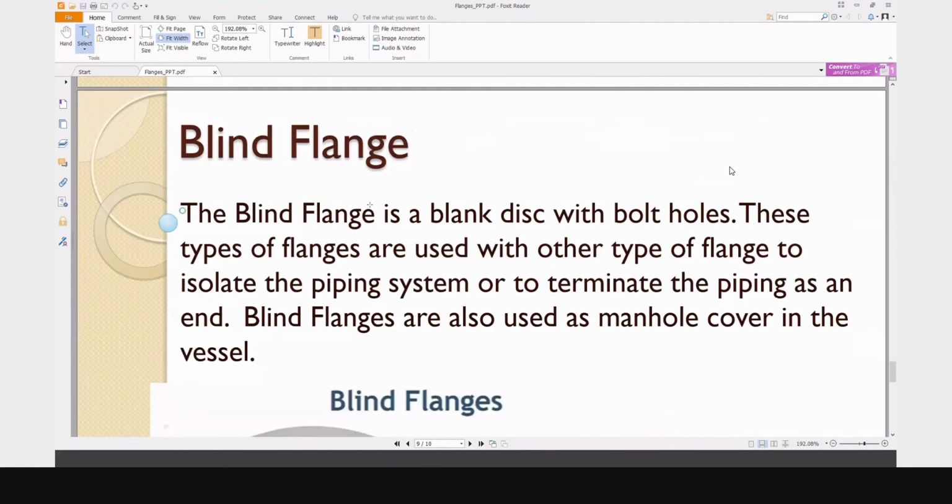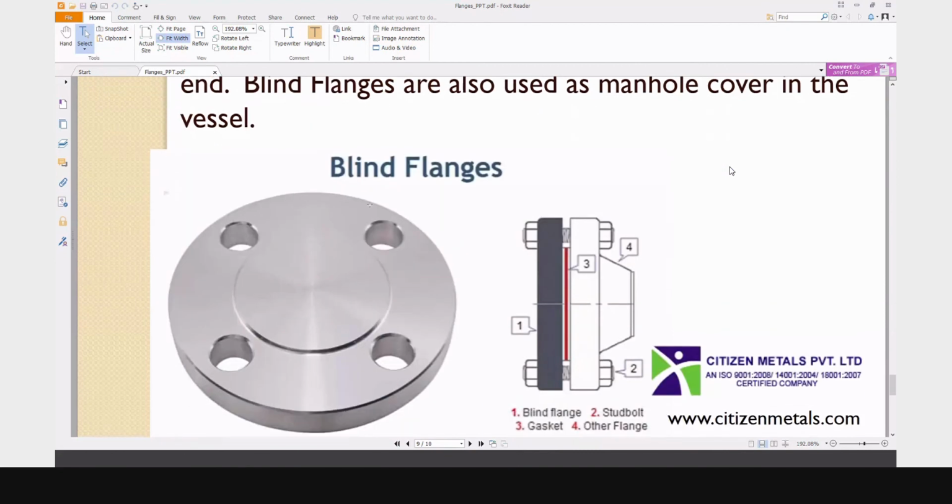And at last, this is the blind flange. There is no central hole. It is used to stop a flow at the end of the pipe, or to close the nozzle of a tank or pressure vessel. No central hole. It can be connected with the other parts by bolt or stud.